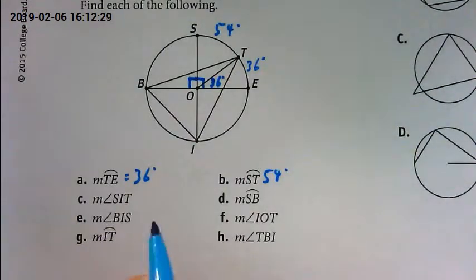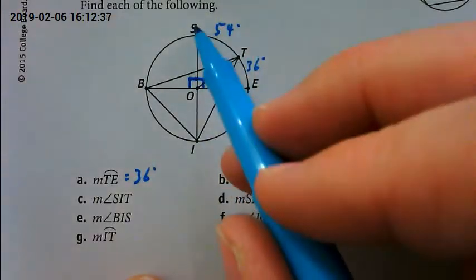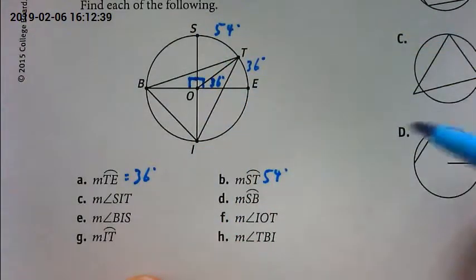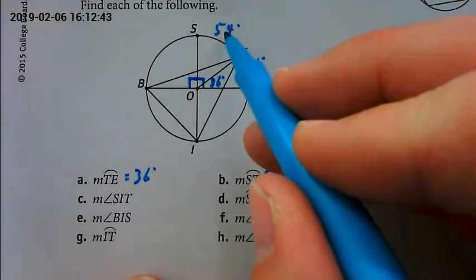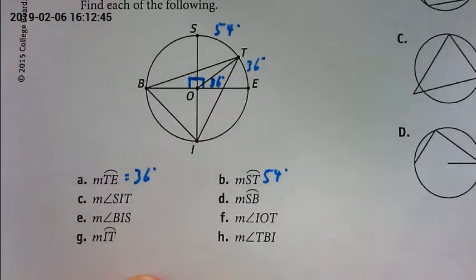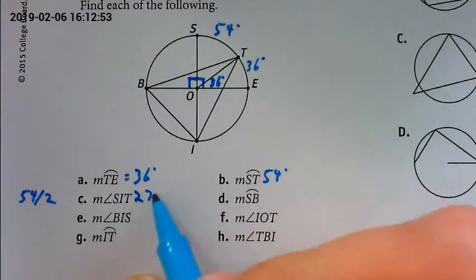All right. The next piece that we know, or that we need to know, is SIT. So measure of angle SIT. Well, SIT is an inscribed angle. It's on the circle and intercepts the arc that is 54. So in order to get SIT, I'd have to take the 54 and divide it by 2, which is 27.